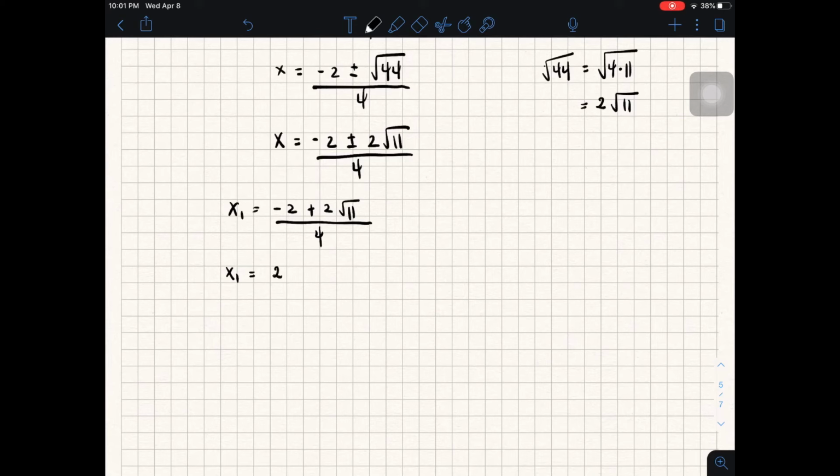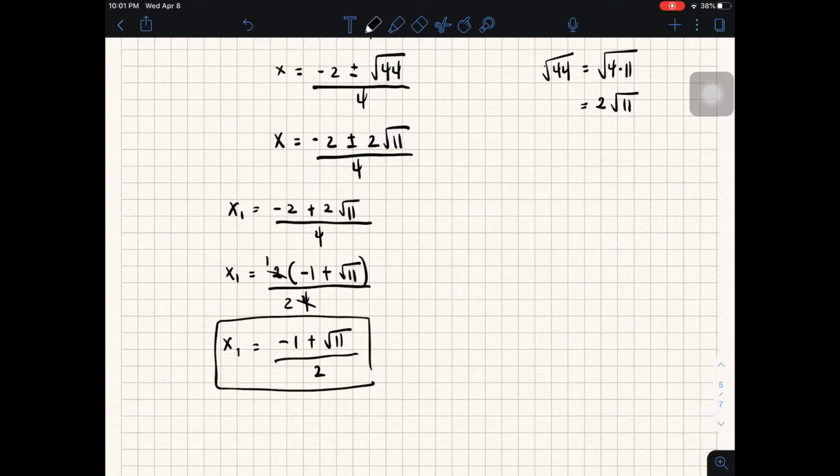So, we have x sub 1 is equal to 2 times negative 1 plus square root of 11 over 4. So, ito yung magiging 1/2. Therefore, the first value of x is negative 1 plus square root of 11 over 2.